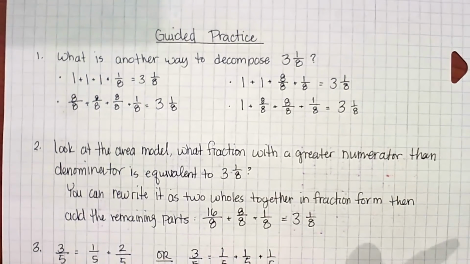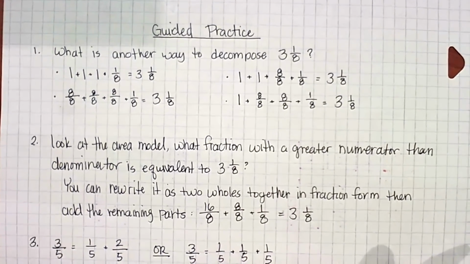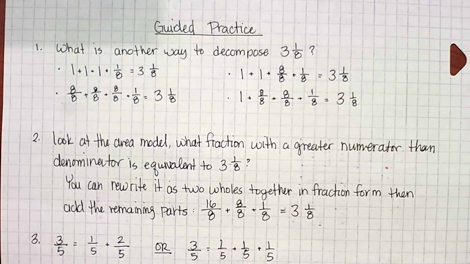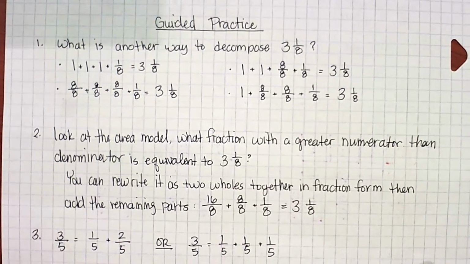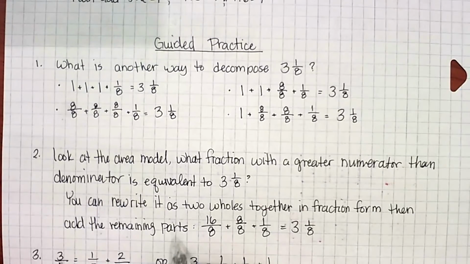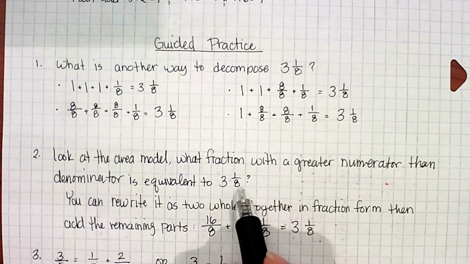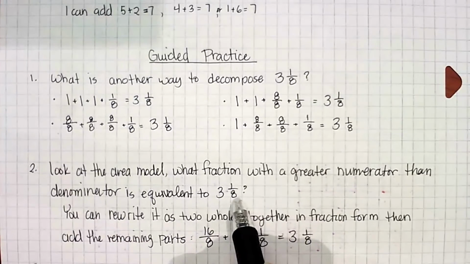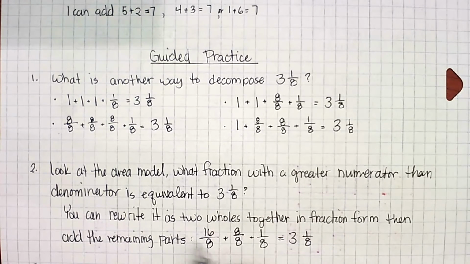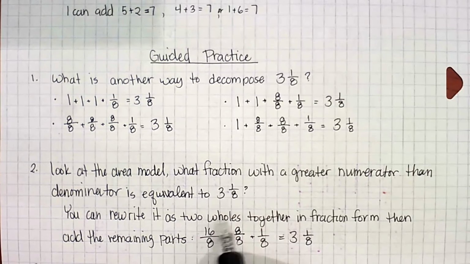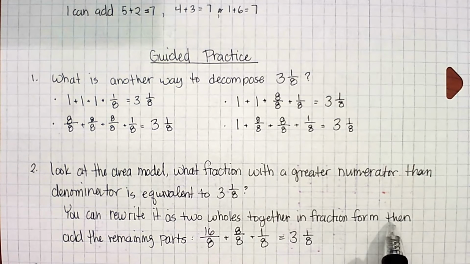Number 2 says, look at the area model. What fraction with a greater numerator is equal to 3 1/8? So we're going to figure out how to rewrite 3 1/8 using what we call an improper fraction, where your numerator is bigger than your denominator. So what I can do is rewrite 2 of my whole numbers together in fraction form and then add the remaining parts.